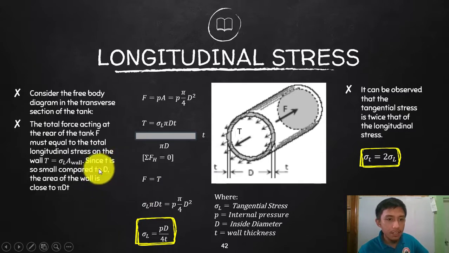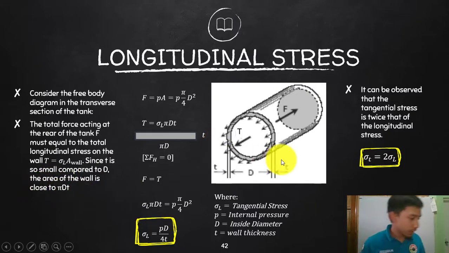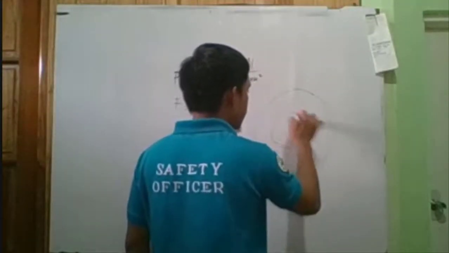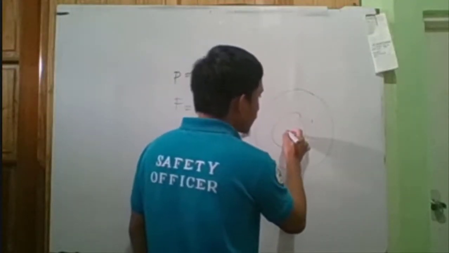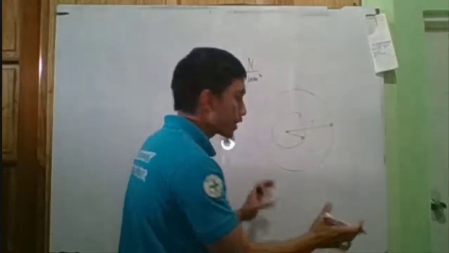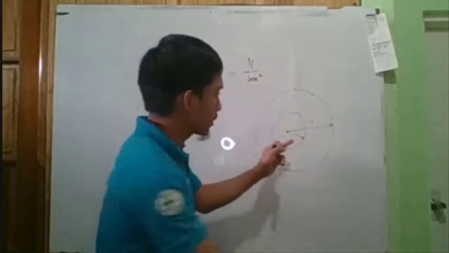And then since T is so small compared to D, the area of the wall is close to pi D T. Supposedly, if you are referring to a big thickness, the area would be the area of the big circle minus the area of the small circle.